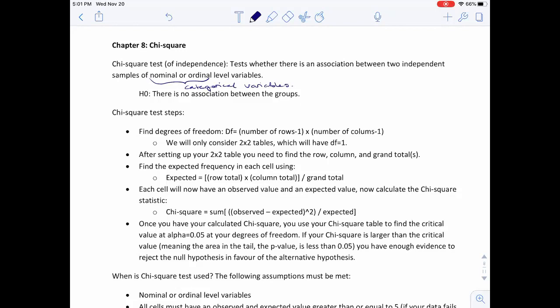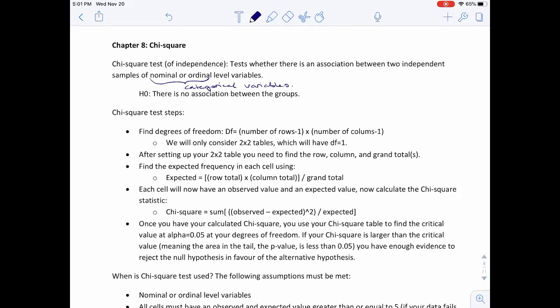To make a chi-squared, we have to have a table of all our categories against our other categories, right? Our two variables are in a two-way table. And then we said we're going to focus on 2x2 tables, where we have a variable with two outcomes or two categories and another variable with two categories, right?